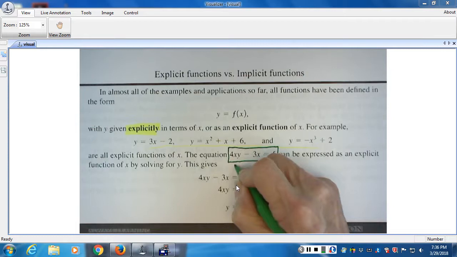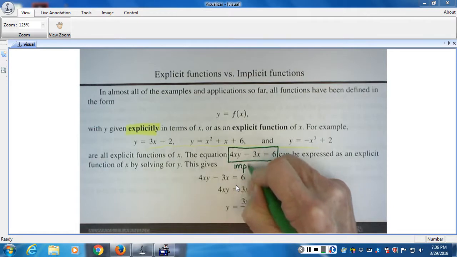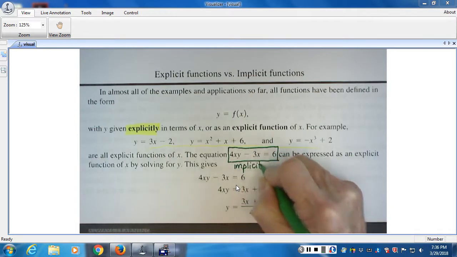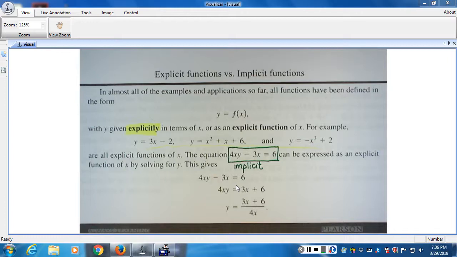This function, before we do that, is called an implicit function, meaning that the x's and y's are all mixed up together. And that will present us with a problem.